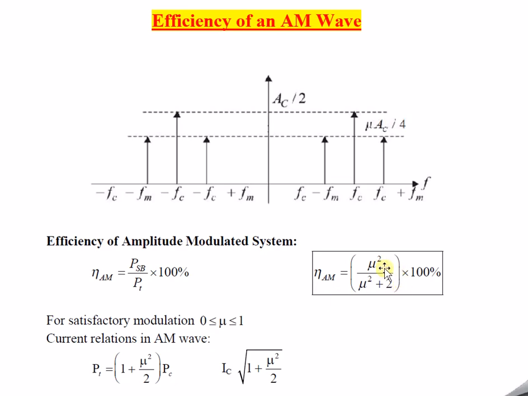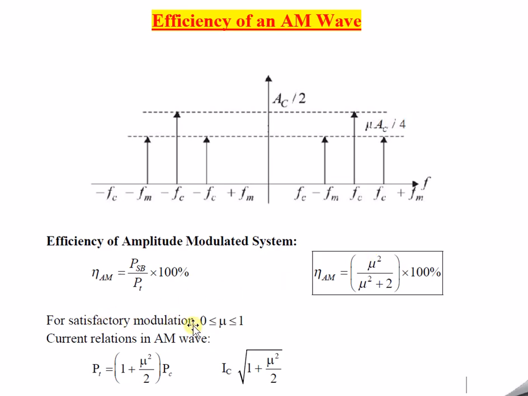What is the maximum value the modulation index mu can take, from the last session? I will just repeat it for you. Mu can take values between 0 and 1.